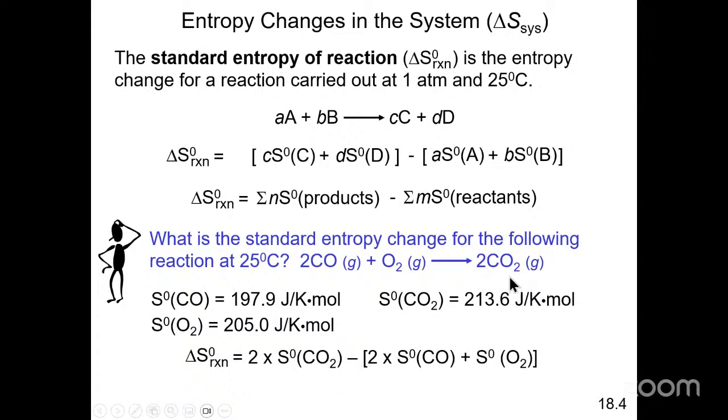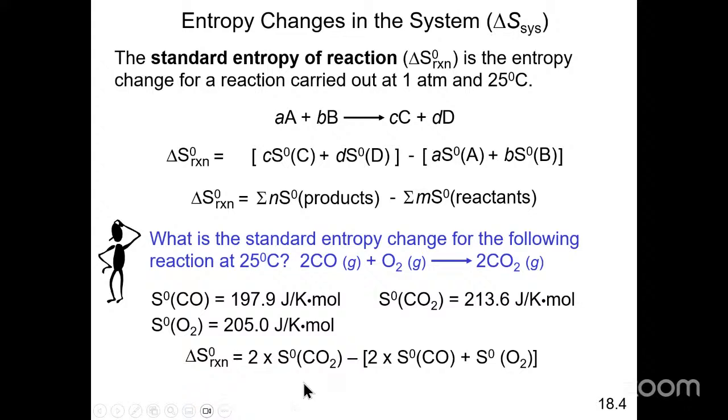In this case, it's only one product, which is carbon dioxide, which you have to multiply by 2 because of the coefficient here, minus the sum of the entropy of the reactants. Again, you have to multiply the carbon monoxide here by 2 because of the coefficients here, and then you add that to the value for the oxygen. And then that sum, you're going to subtract from 2 times the entropy of carbon dioxide.